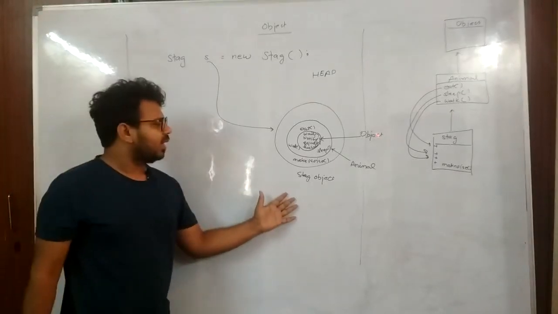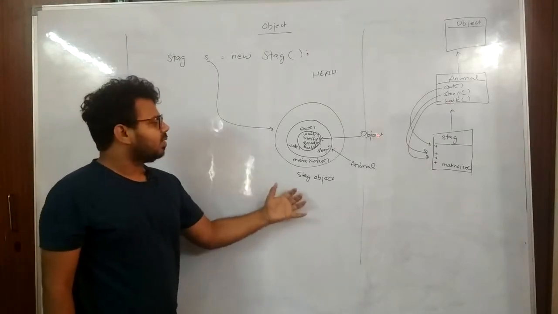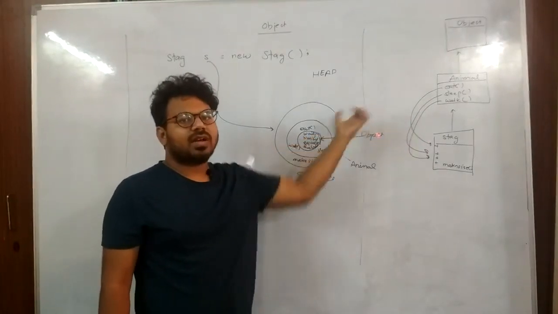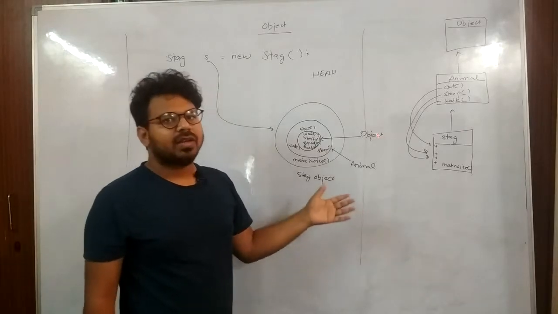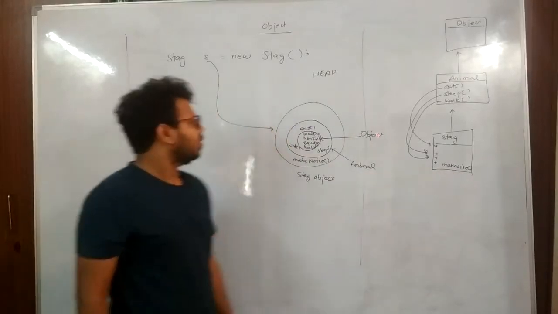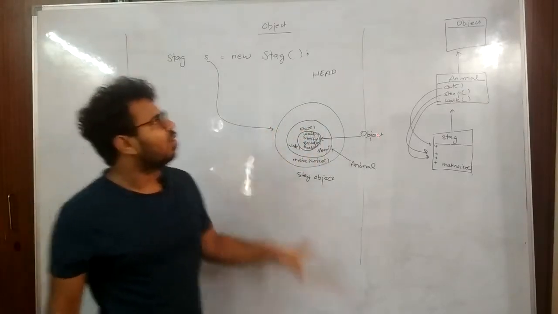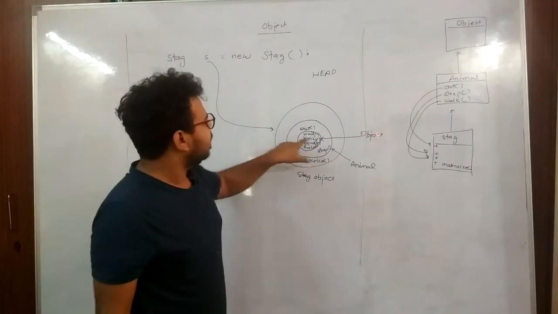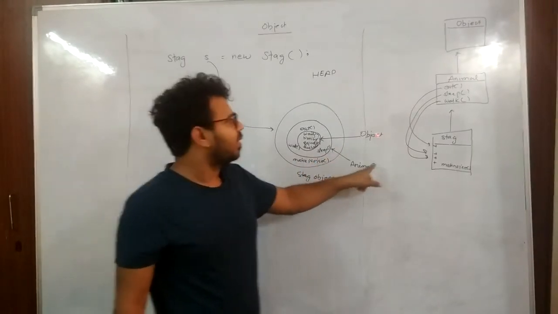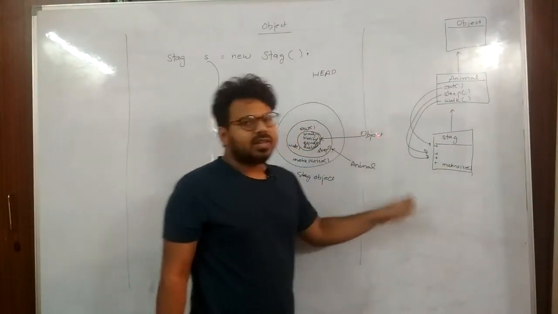So basically, when we create a Stack object, this object contains all the methods that are inherited from its parent, and also all the methods which it declares by itself. So this Stack object is going to contain all the methods present in the Object class, all the inherited methods available from the Animal class, and also all the methods that it declares.